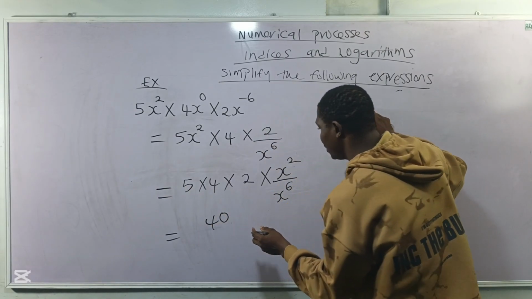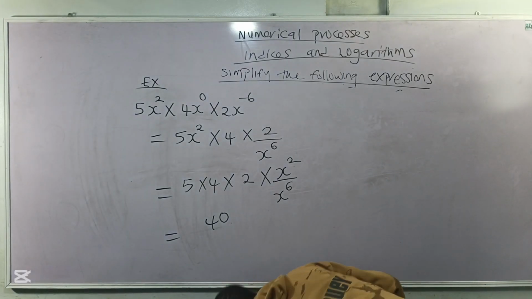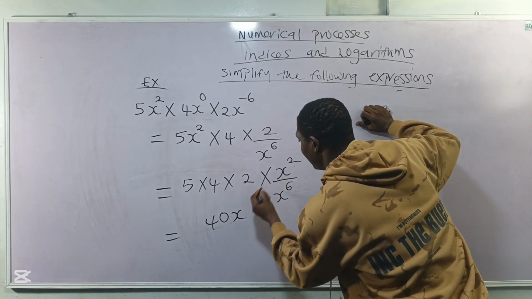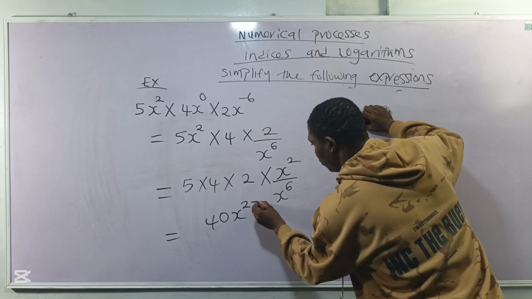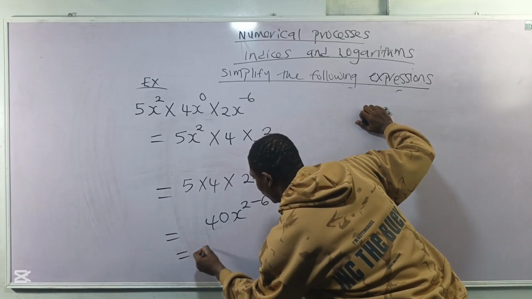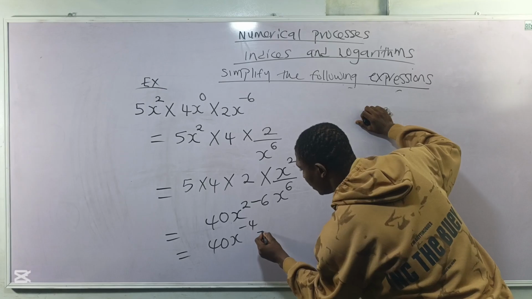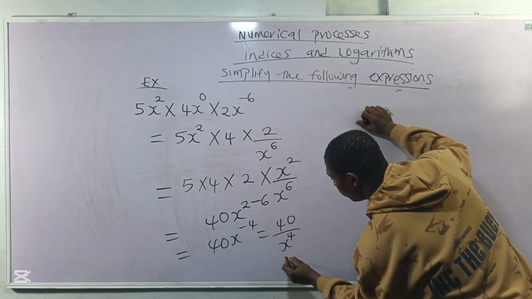So I have 40 s raised to power 2. Division is what? Minus 6, which will give me 40s raised to power minus 4. This is same as saying 40 all over s raised to power what? 4.